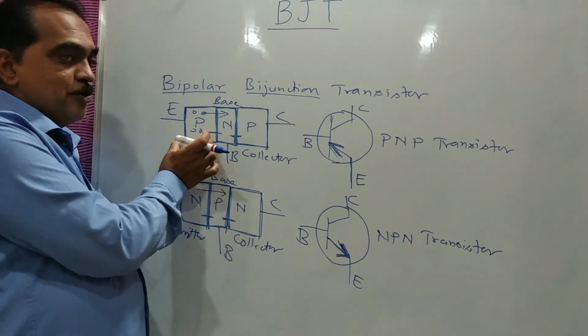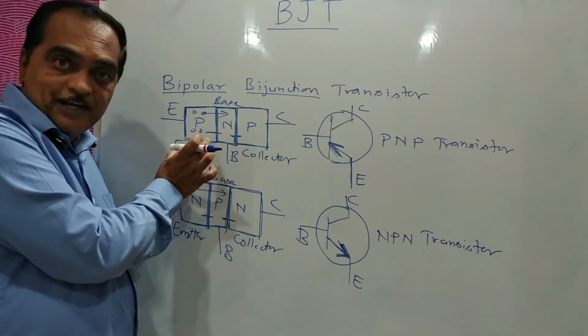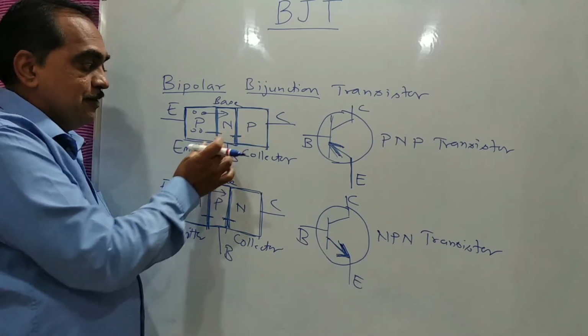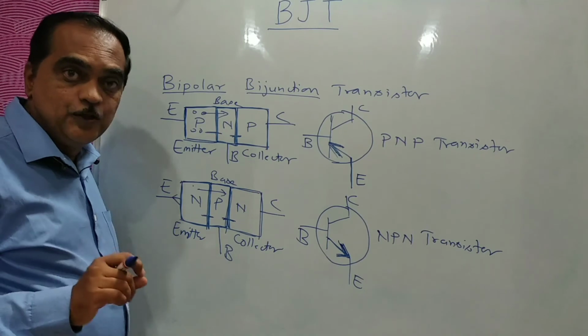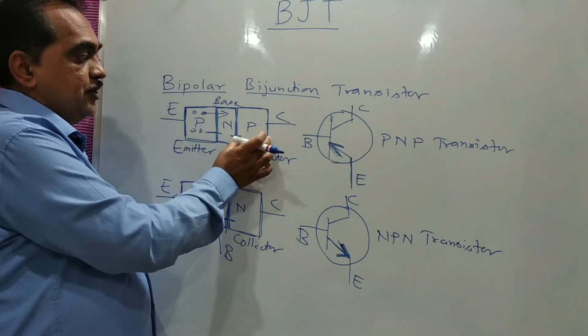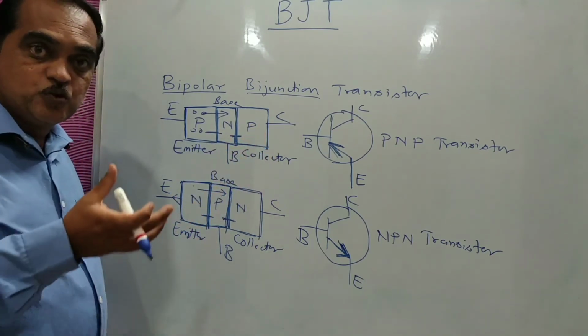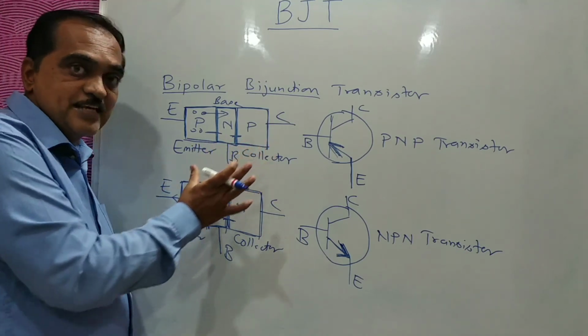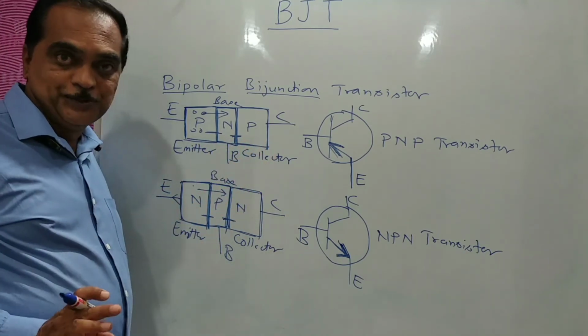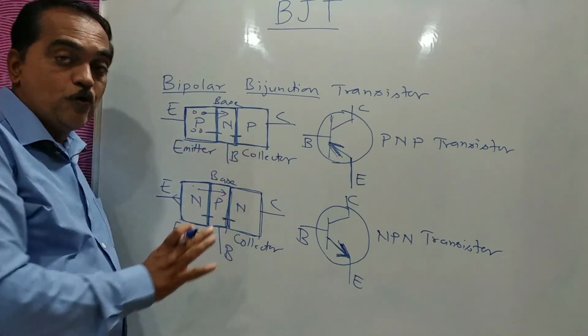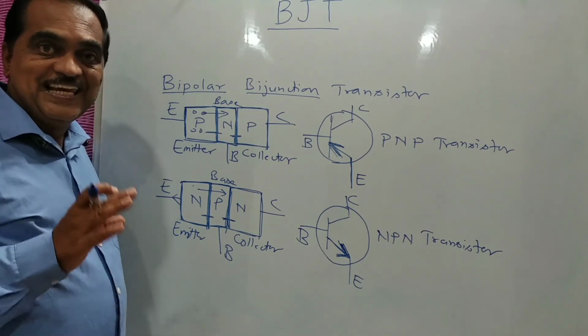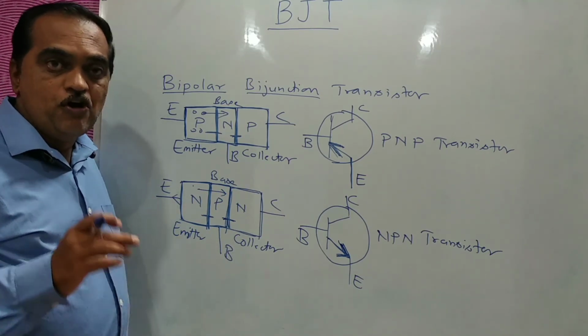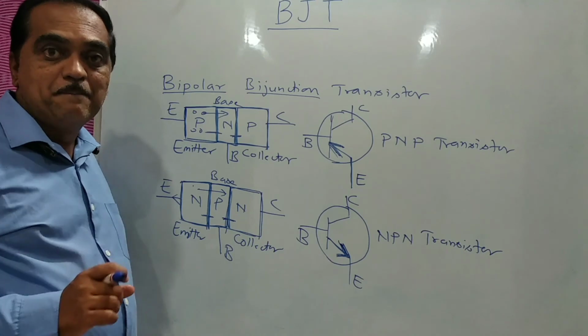The first layer is called the emitter, which is heavily doped. The second is thin and lightly doped, which is the base. The third is the collector, which has to collect. It is large in size but moderately doped. So this is the doping configuration, terminals, layers and junctions of your PNP and NPN transistors.